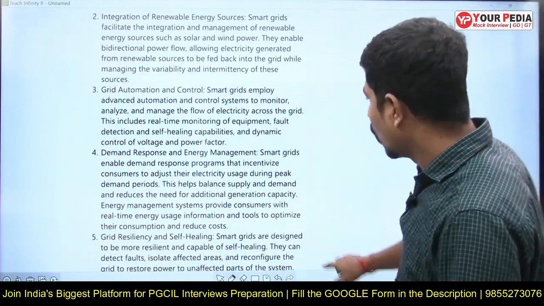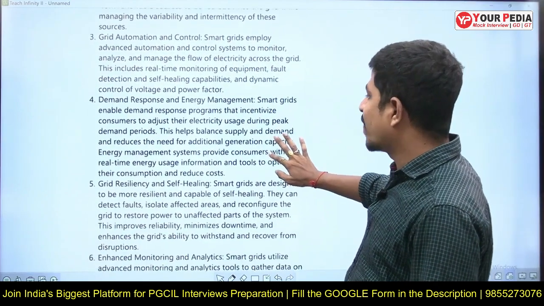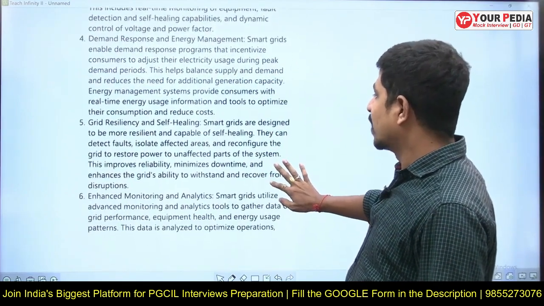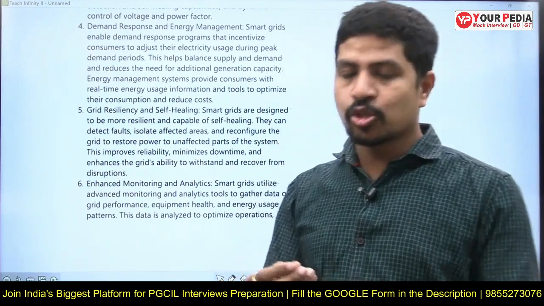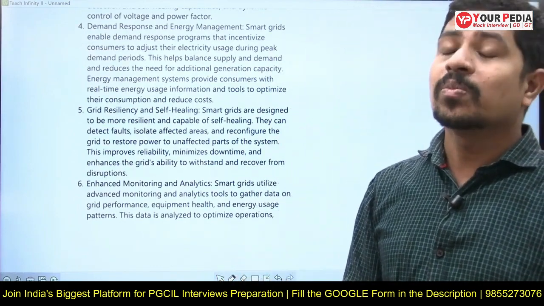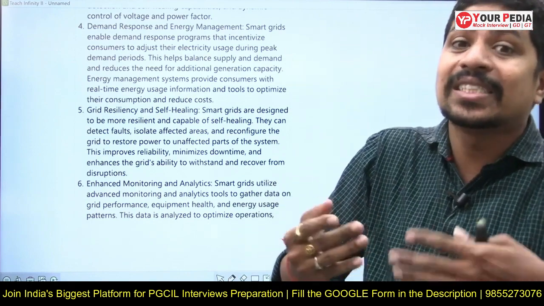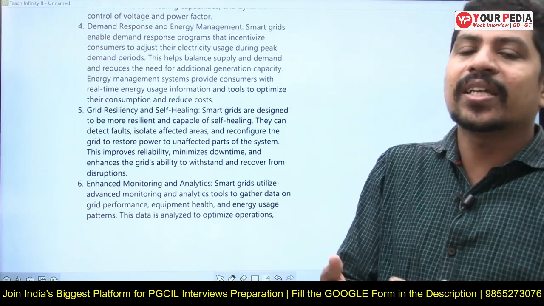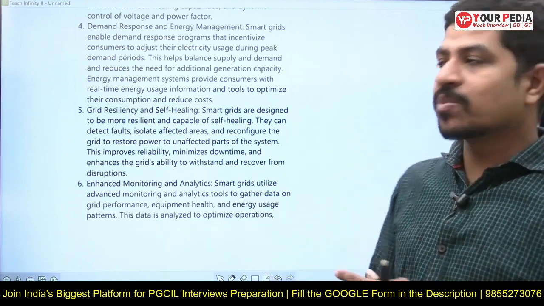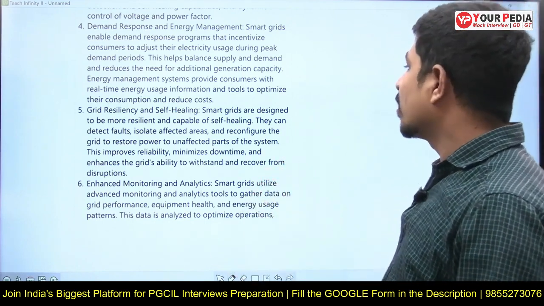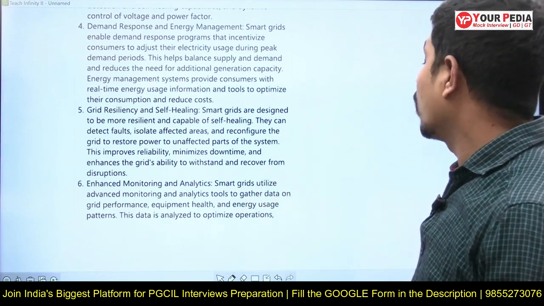Grid automation and control, demand response and energy management, grid resiliency and self-healing. See, this is very important. Whenever a situation of instability occurs, the smart grid is going to heal itself, means it raises its stability on its own. Smart grids are designed to be more resilient and capable of self-healing.